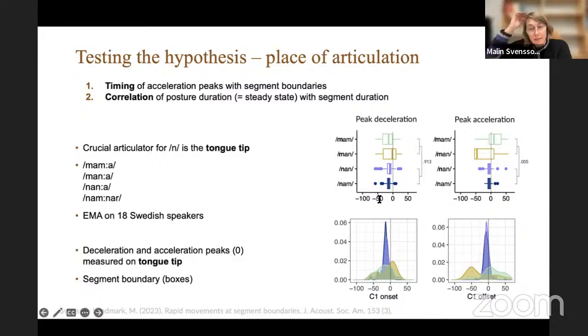So the first segment in Nanna and Namna aligns very well at onset with the tongue tip deceleration peak, and at segment offset with the tongue tip acceleration peak. This pattern cannot be seen in mamma and manna, where the tongue tip is a non-crucial articulator at word onset.